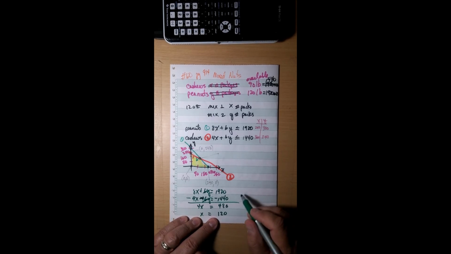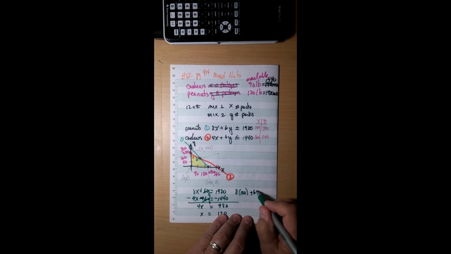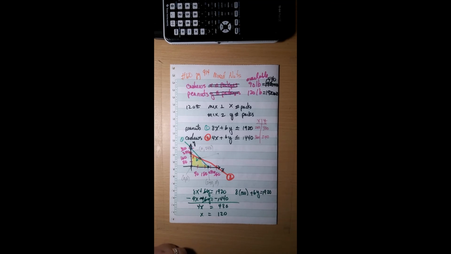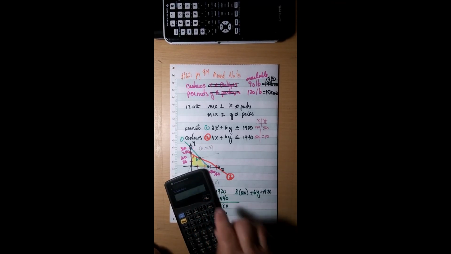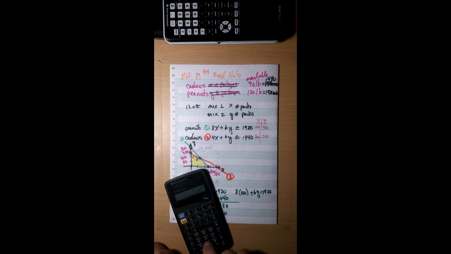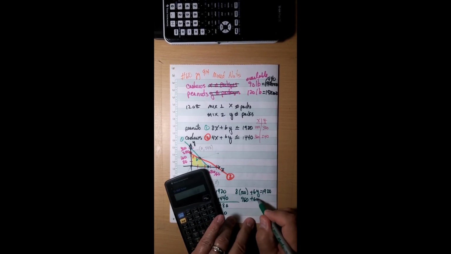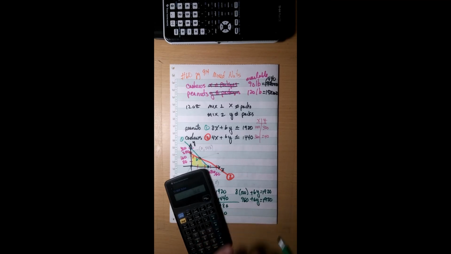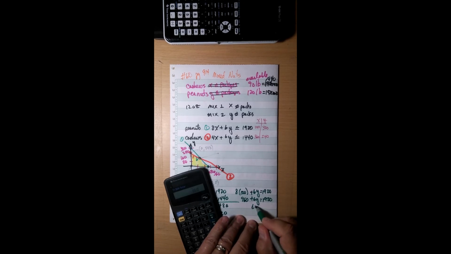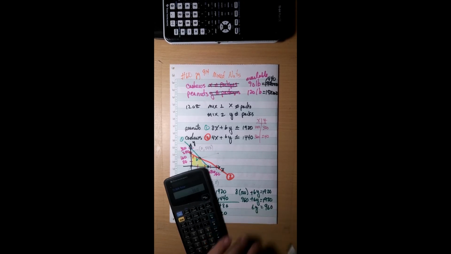And if we use either one of these, x is 120, so 8x plus 6y equals 1920. What's 8 times 120? It's 960 plus 6y equals 1920. Let's make that negative and add it to 1920. 960, I thought so. 6y is equal to 960.